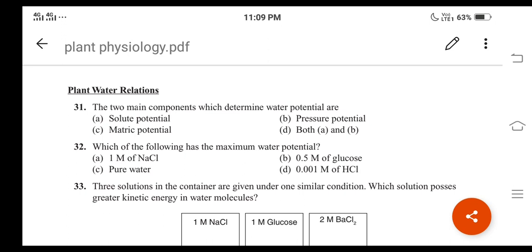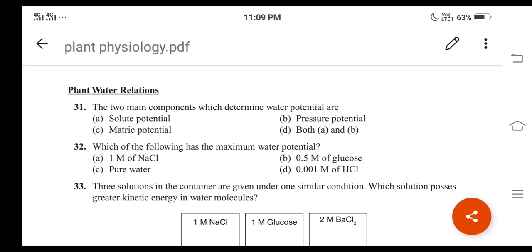The correct answer will be option C only. Pure water will have maximum water potential, because the others show the presence of solutes. Without solutes the water potential value will be more. So option C is the correct answer.